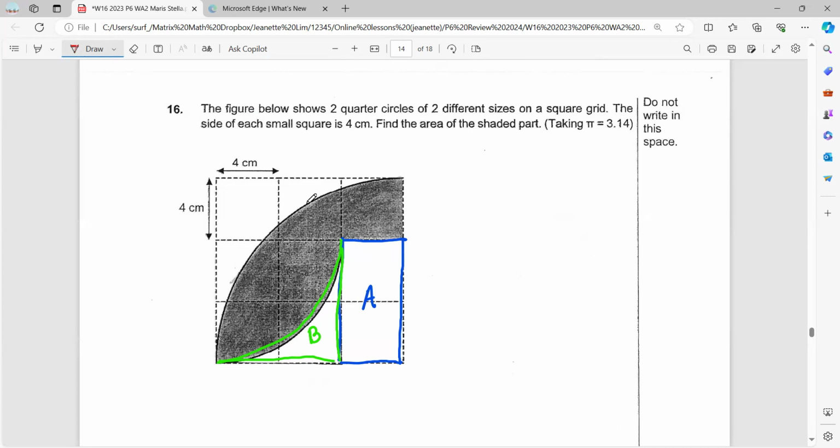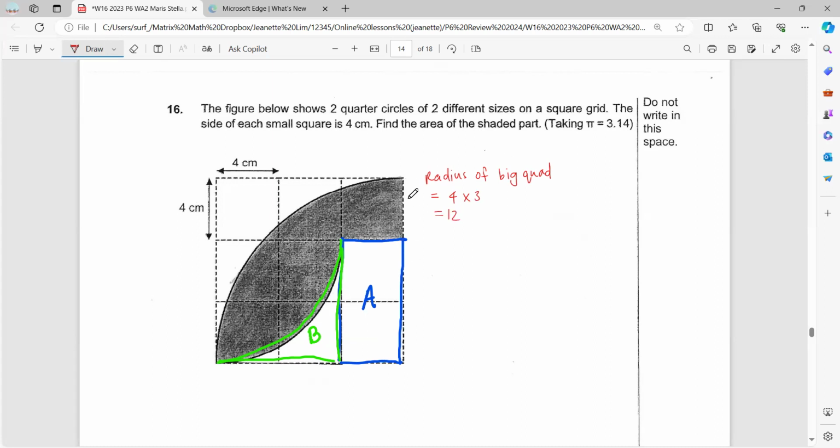To find the big quadrant, I need the radius because pi times radius is the formula for area of a circle. So the radius of the big quadrant is 4 cm times 3. Okay, this is the radius.